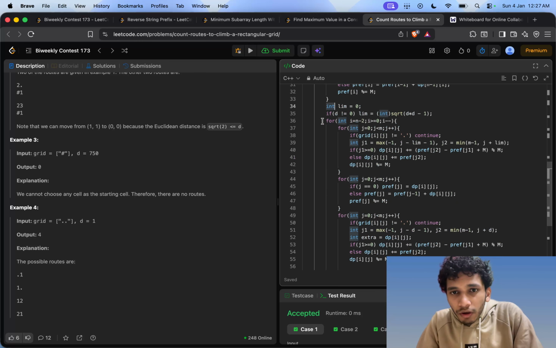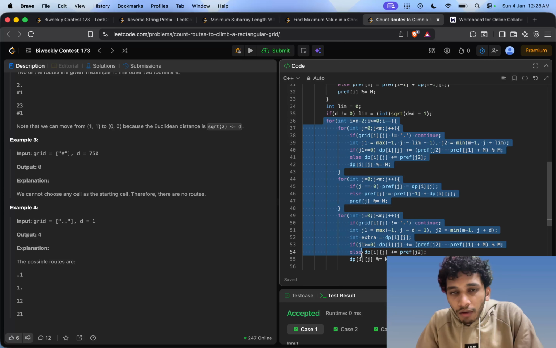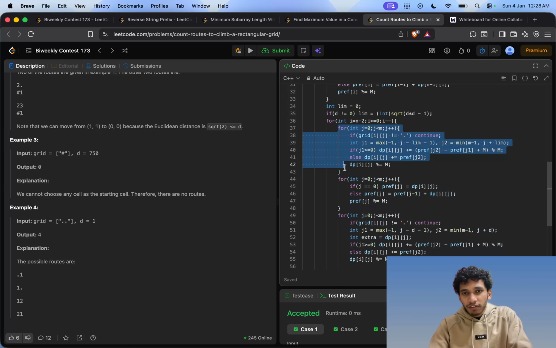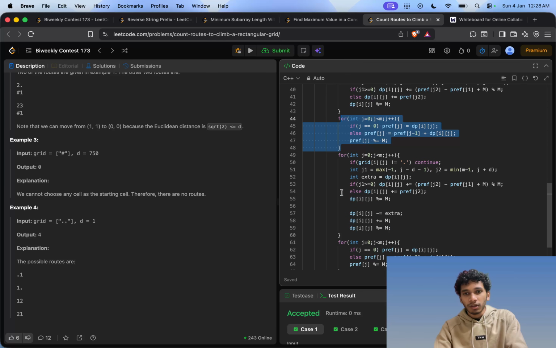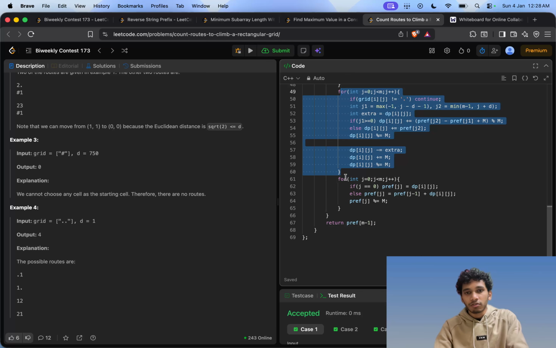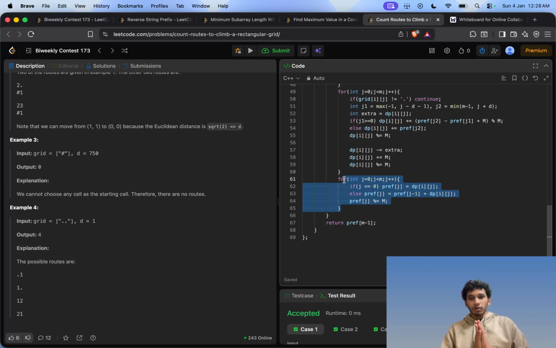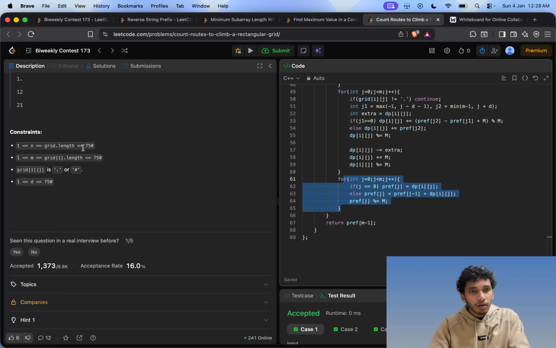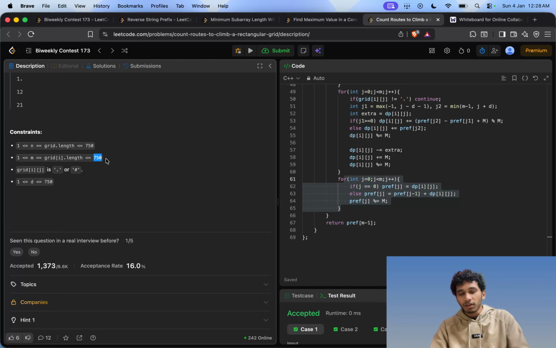Now this loop goes for n times, and inside it there are some for loops which are going m times. So overall complexity will be n cross m. Here this loop also n cross m, this loop also n cross m, and this loop also n cross m. So overall time complexity, what is it? O of n cross m, which is very much computable, all right, because 750 into 750 is computable.